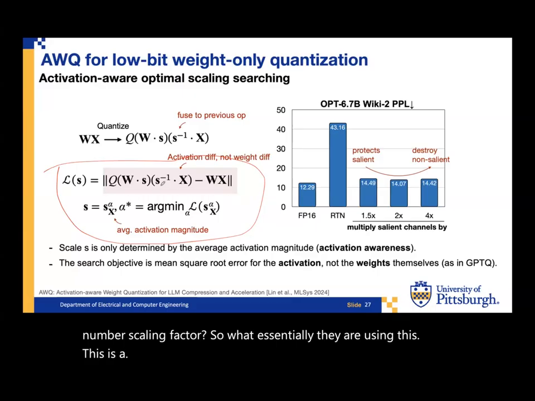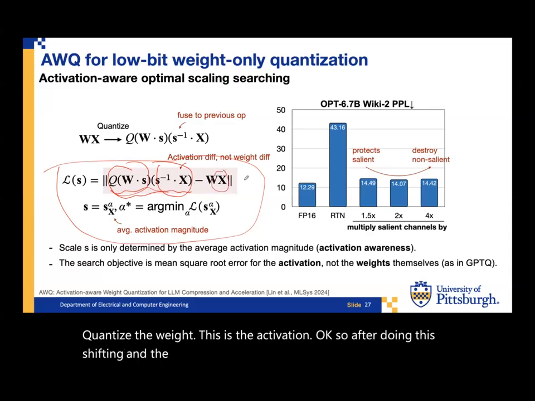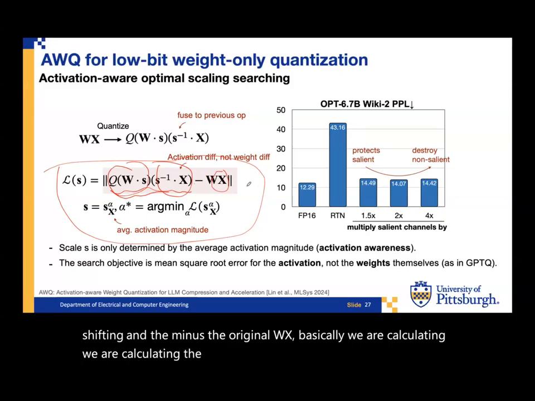So what it does is, this is the quantized weight, and this is the activation. After doing this scaling and subtracting the original WX, we are calculating the output activation error. So we want to minimize the output activation error.